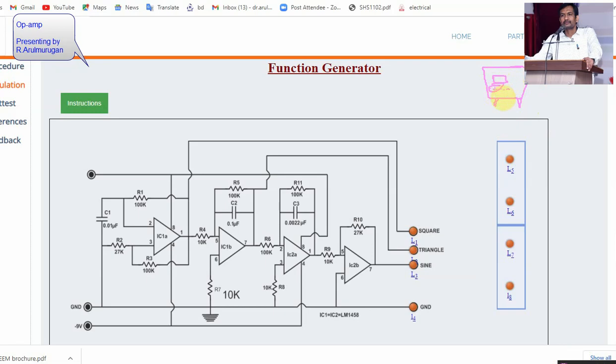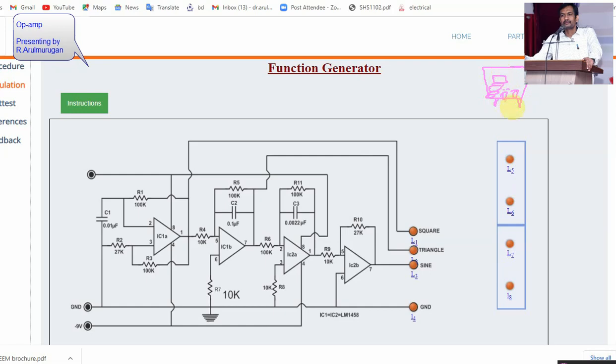You will set the frequency, increasing and decreasing it, and here you can set the waveform. The function generator is used to develop a waveform, either sine, square or triangular. You can click the button, for example sine waveform, 100 hertz, no, 100 kilohertz, no, 1000 hertz.